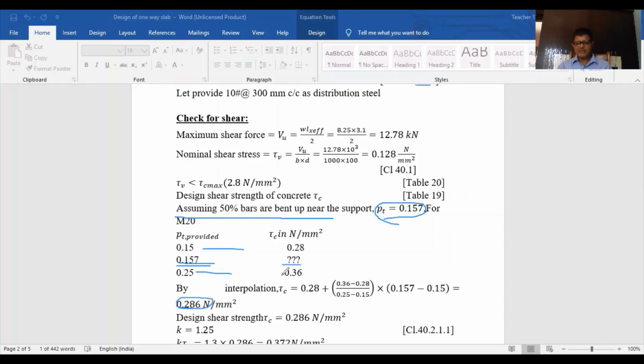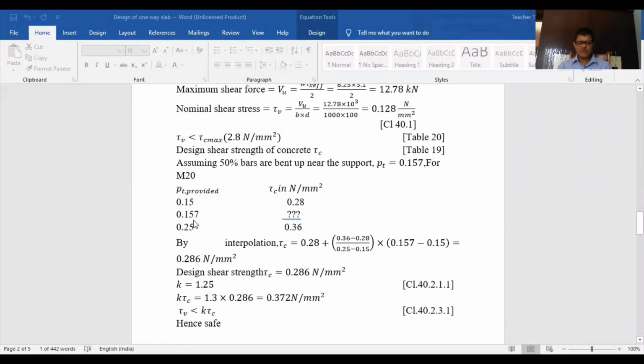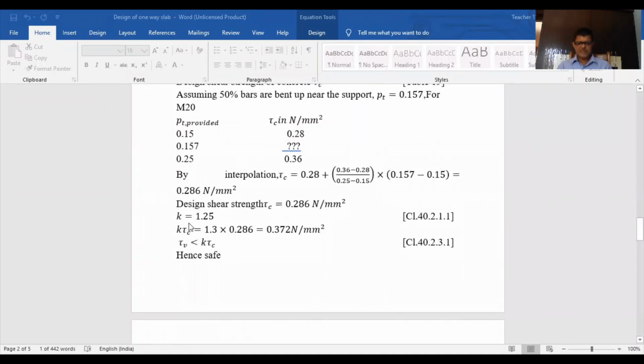But again, in page number 72, you see for slabs, we have seen that the design shear strength for slabs is K tau C. Please open your RCC code, page number 72, and you find there for slabs the value K tau C is your design shear strength for solid slabs. What is the K? K, the table is giving depending on the depth, you will find the value of K. So K value is coming here 1.25.